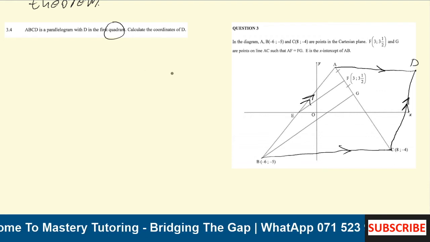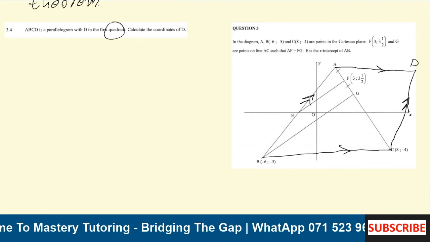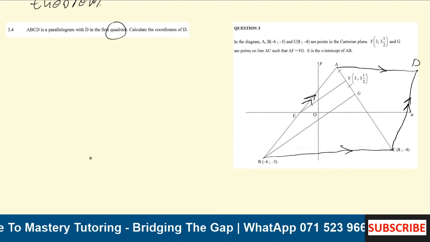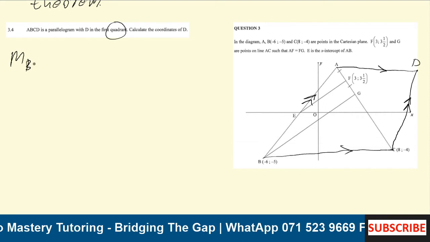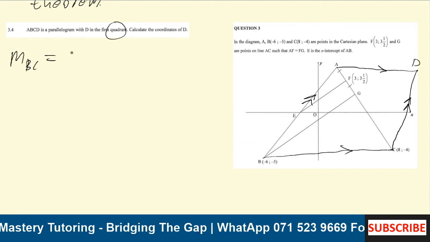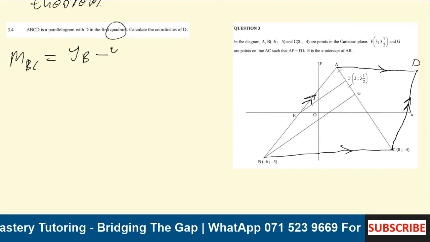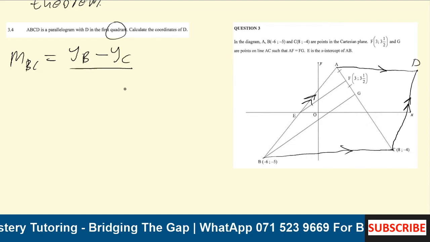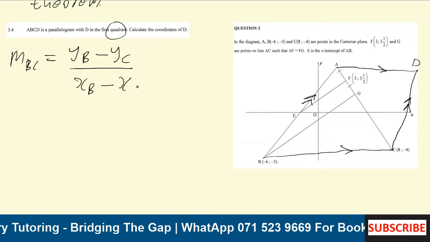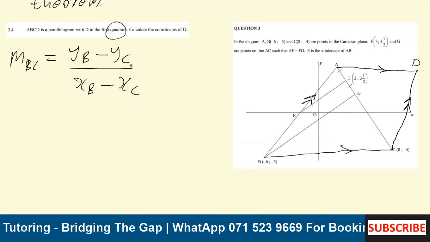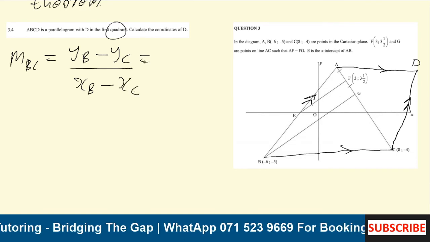All right. So the first thing that we do here is to find the slope of BC. So MBC is given by, now we're going to go ahead and substitute.